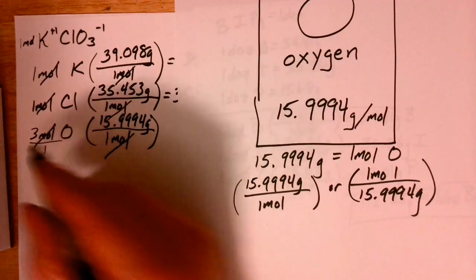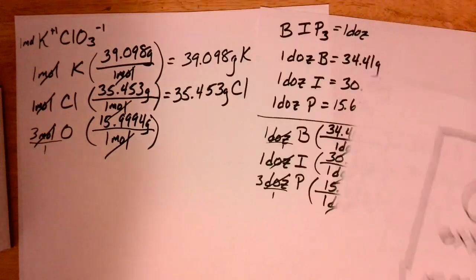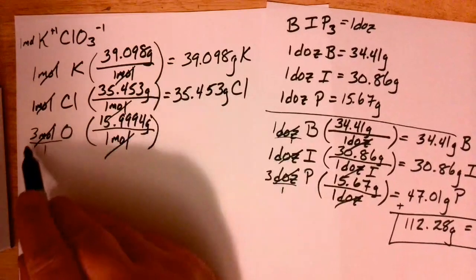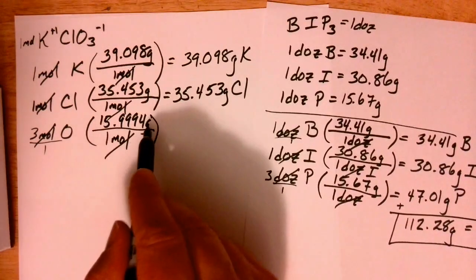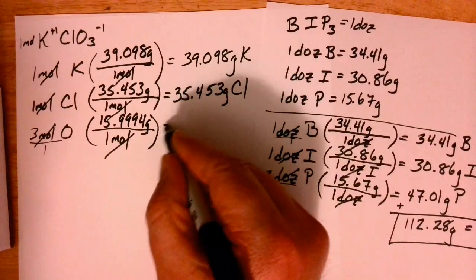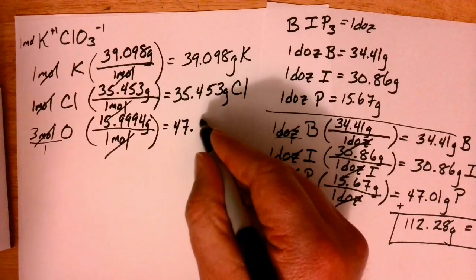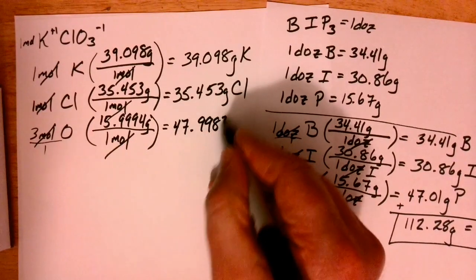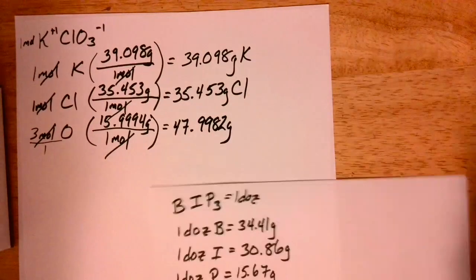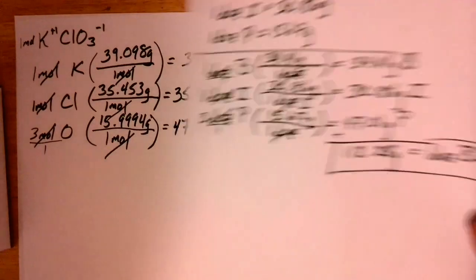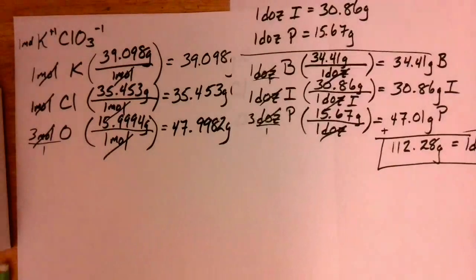Moles are going to cancel. So if I take 3 times 15.9994, I end up getting 47.9982 grams of oxygen.